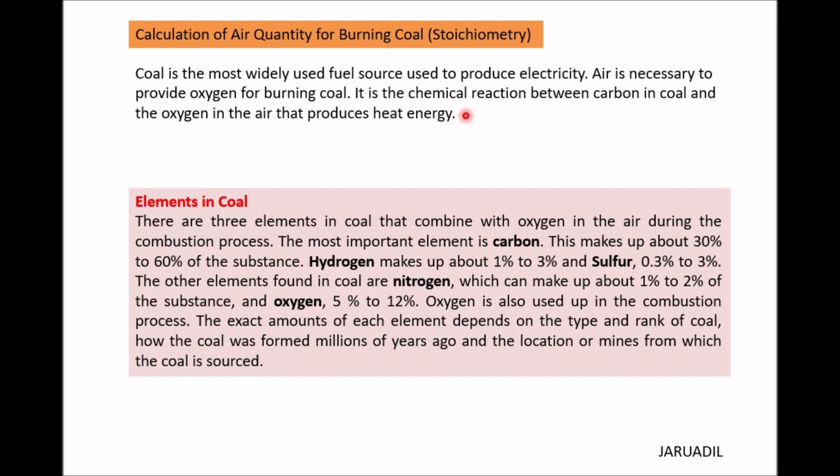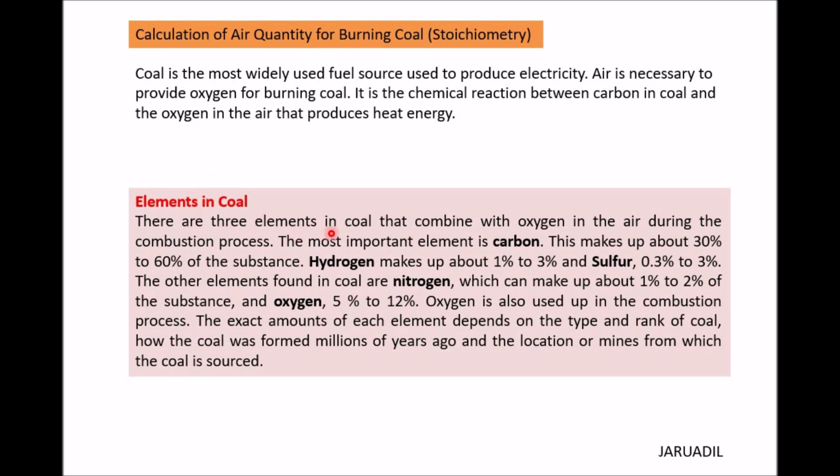So, paano natin susunugin yung coal? So, we will use, siyempre, yung what is abundant sa atin, yung air. Dito sa air, ang napapakinabangan lang naman dito, siyempre, yung oxygen niya. So, para masunog mo yung coal, the coal requires oxygen.